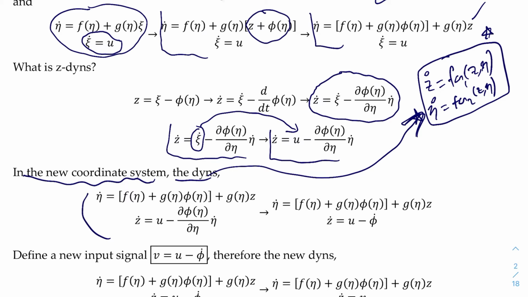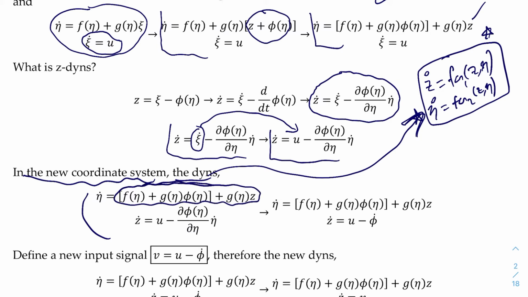Let's look at the right hand side of this equation. It's all eta and z. Again, it's all u. Since we will write u in terms of eta and z, you can think of it as a function of eta and z. So nothing wrong there. Again, this term will be dependent on eta. And this term, by the way, the eta dot term, will be this really long expression.